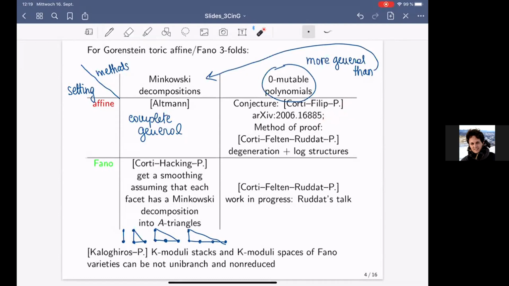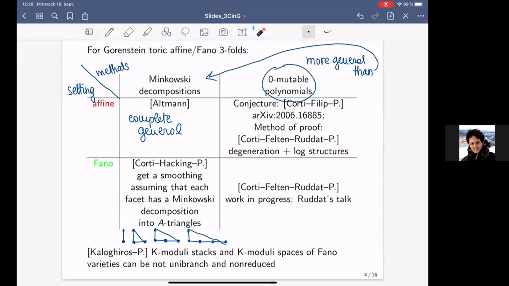And basically using Gross-Siebert ideas, together with Alessio, Simon Felten, and Helge Ruddat, we are trying to prove this conjecture, or at least to construct a smoothing starting from a Laurent polynomial. And this method, as usual in the Gross-Siebert program, uses degeneration and then puts in some log structures. And I want to talk about this at the end of my talk.